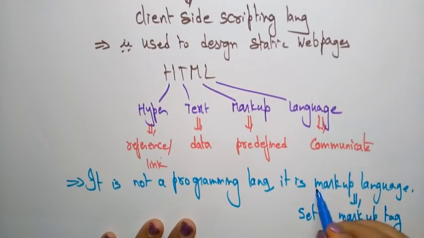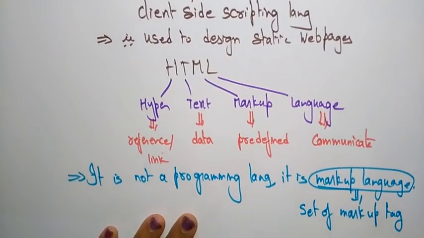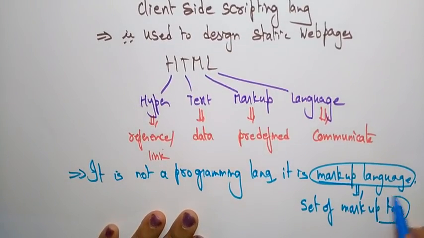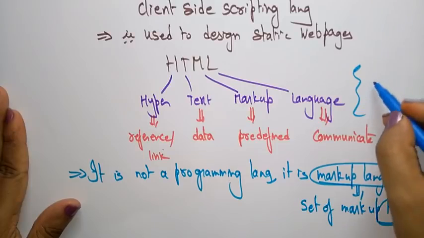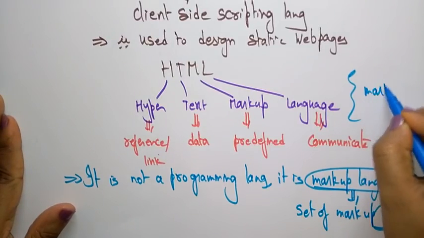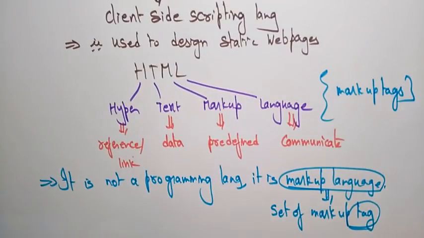That means this markup language consists of syntax in the form of tags. A set of tags will be present. So this hypertext markup language consists of markup tags. That complete language is in the form of tags.